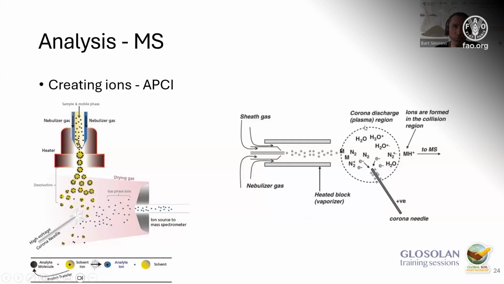Then these pass through a zone where a plasma is created by having a high voltage. And then there's a lot of complicated chemistry, even physics going on, but at the end of this process we create ions. And these ions usually are the analyte with an additional proton, or an additional electron to have negative ions, for example. And these ions can then be analyzed in the next step of the mass spectrometer.